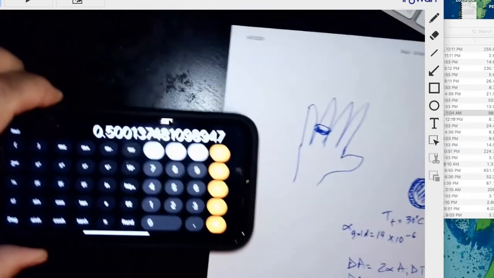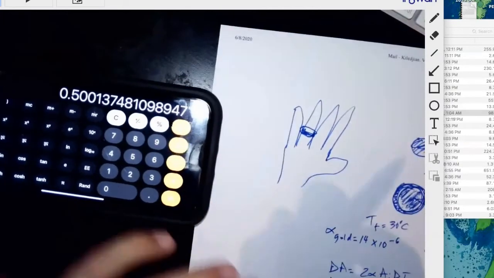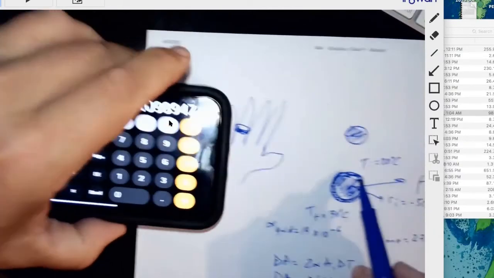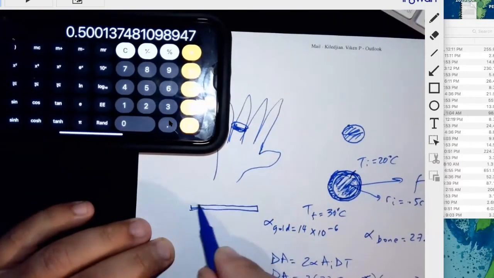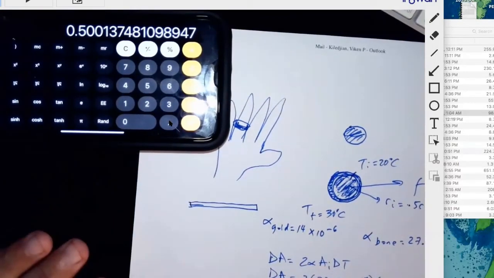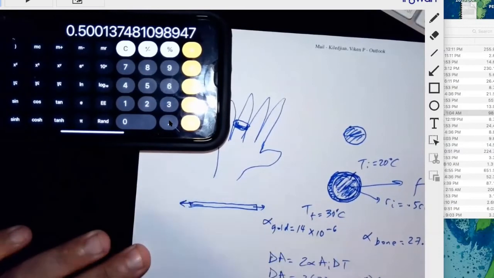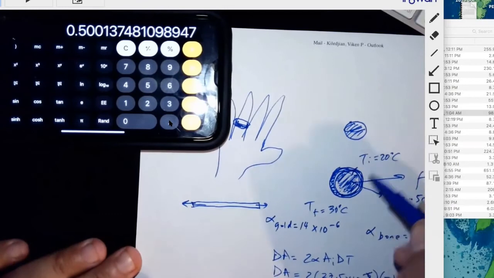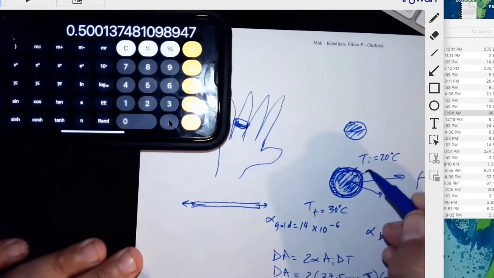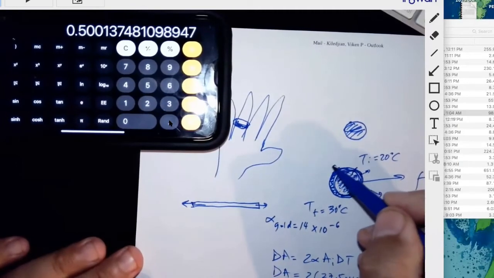Now for the ring, think about it. Imagine cutting the ring and spreading it out, so it looks like a rod. I'm going to treat the ring's expansion as a linear expansion. It's not an area expansion, because I don't care about the thickness of the ring. It could be a big, huge, thick ring, but that's not going to help me.